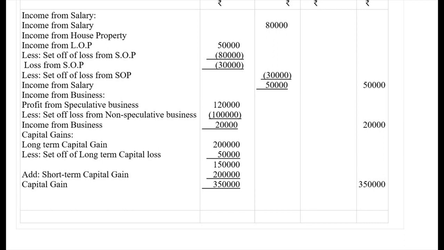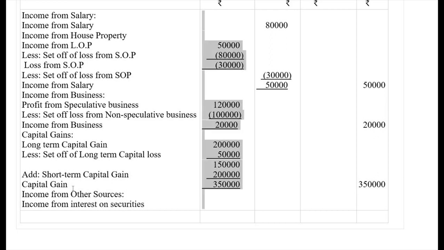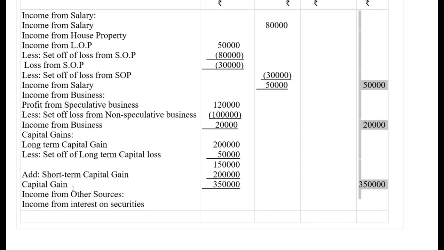3,50,000 here. Then the next head here is income from other sources. Under this we have got income from interest on securities, which will directly be taken to the GTI column, that is rupees 1 lakh.